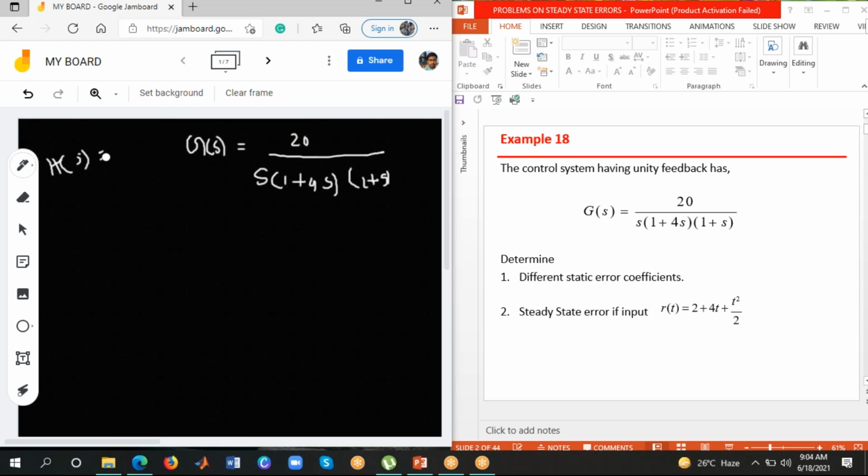What is the h of s value? For this given problem, what is the value of h of s?